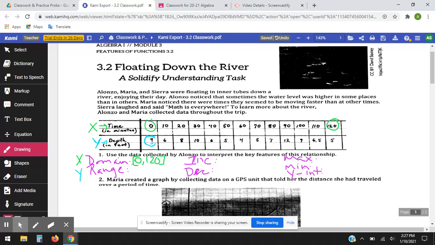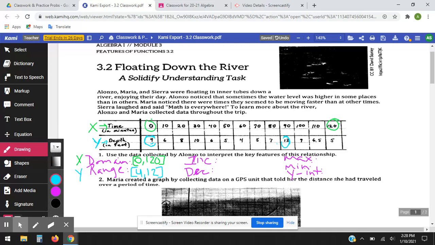How about our highest? 10. Keep going through. Oh, 12. 12 looks like our highest. So it looks like we can pretty much have anything from 4 to 12, right? So I'm going to again enclose the brackets because we can have 4, we can have 12. That's our range.